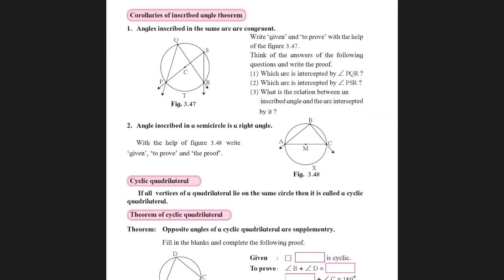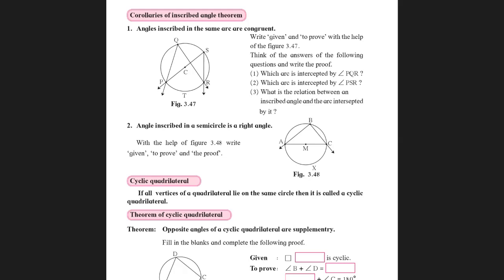Center is C. You have an angle PQR which is subtended, or intercepted, by the arc PTR. Intercepted and subtended is the same. Angle PQR is intercepted by the arc PTR. Angle PSR is subtended or intercepted by the arc PTR. Now both angles are congruent. Angle PQR is congruent to angle PSR.